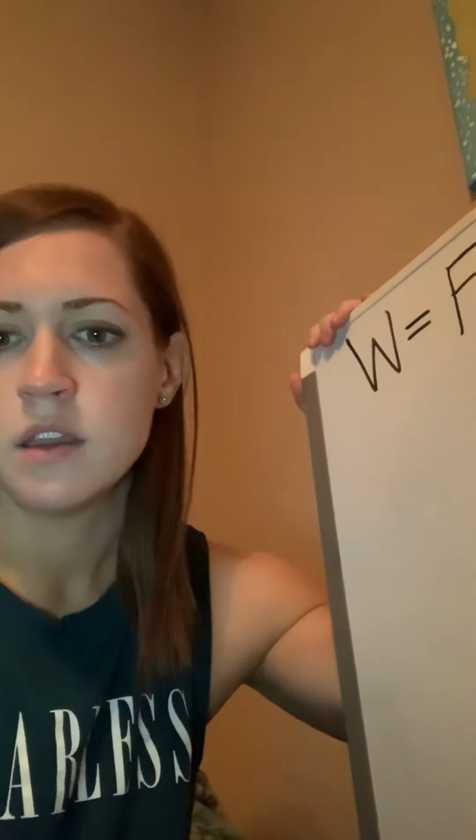Number 4 says 1,500 joules of work are done lifting a 500 newton weight. How high was the weight raised as a result of this work? It wants to know the height, or the distance. So in this case, we're going to use a triangle for work.